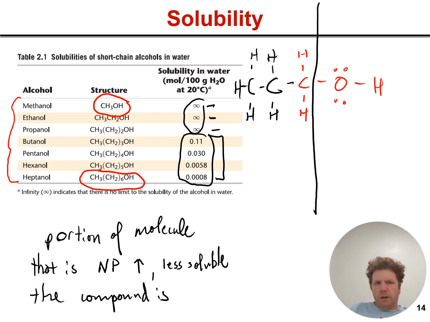So that's one of the things that we're up against with this. The more soluble a substance is going to be stems from how much of it is polar. And the more non-polar a substance is, the less soluble that substance is going to be.